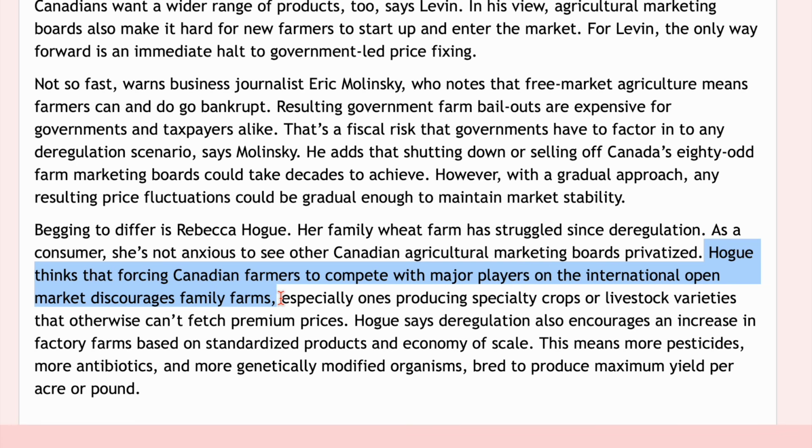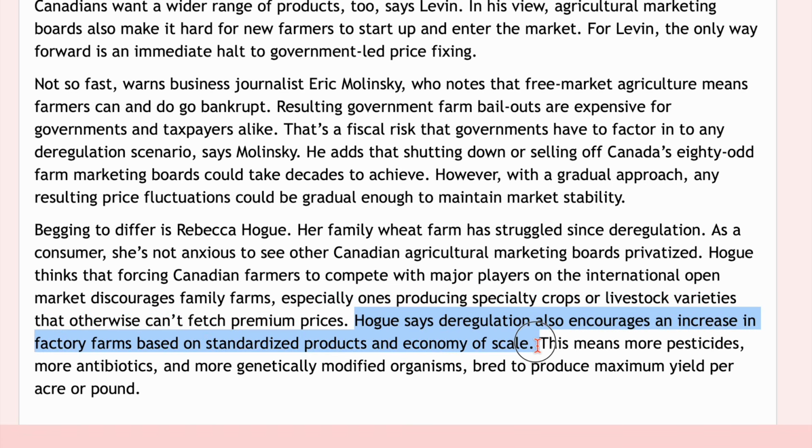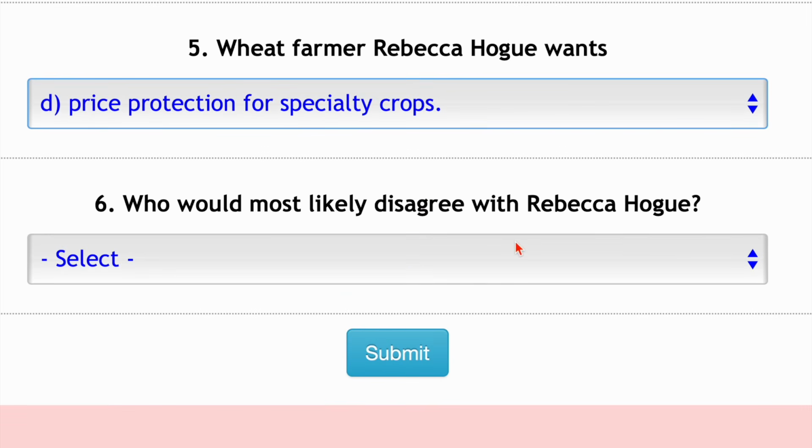So she's against international free market agriculture. And okay, Hogue says deregulation also encourages an increase in factory farms based on standardized products and economies of scale, especially ones producing specialty crops or livestock varieties that otherwise can fetch premium prices. So, right. So she is in favor of.